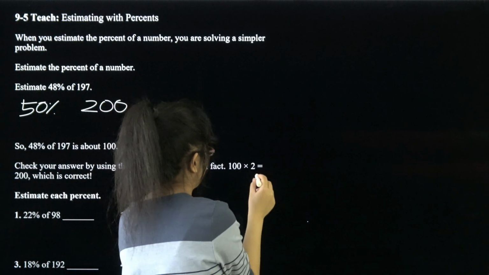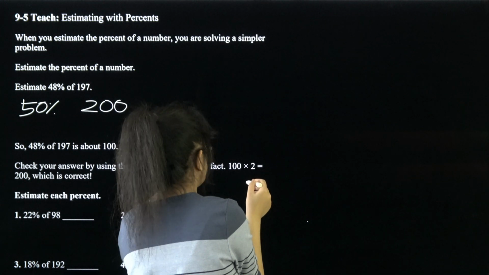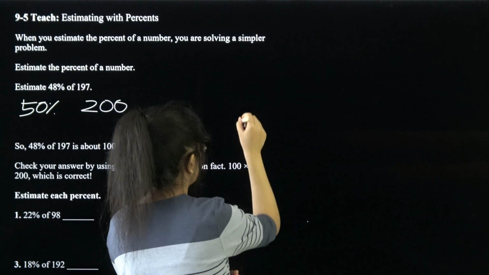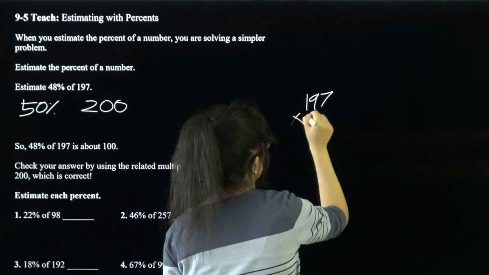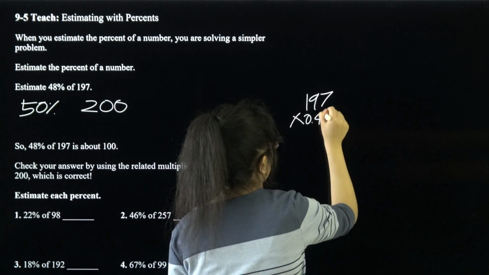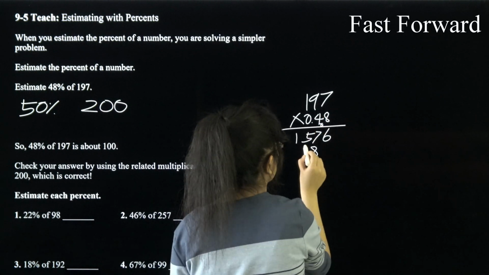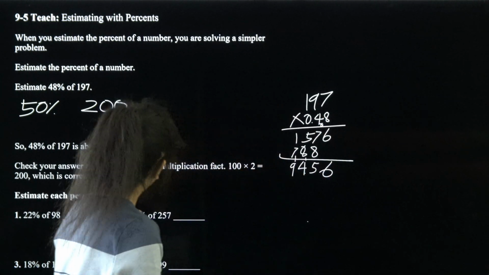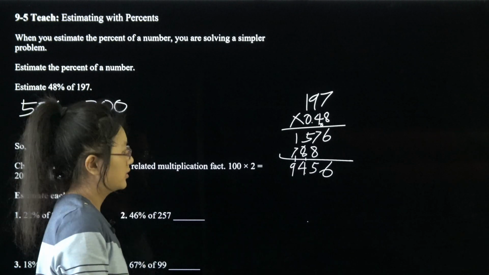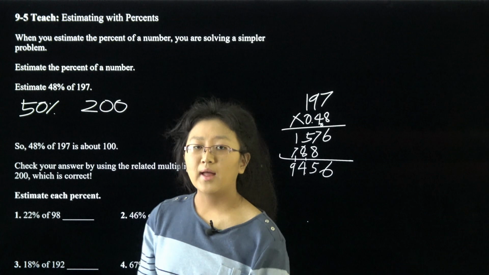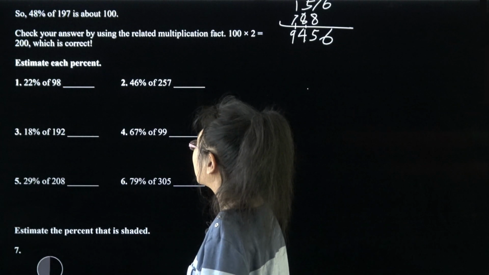Well, let's do a calculation. 48% of 197 would be 197 times 0.48, and it would be 94.56, which is close enough to 100. That's a healthy estimate. So now let's do some more estimation.